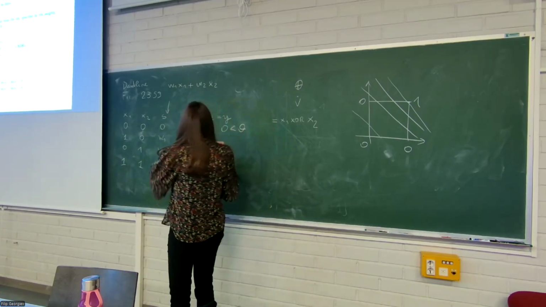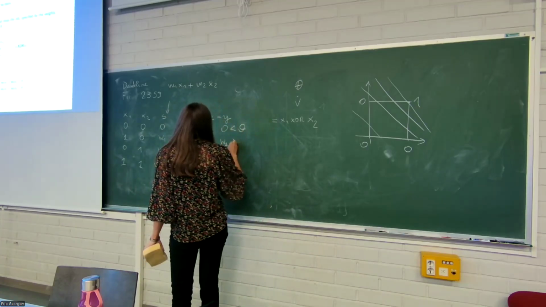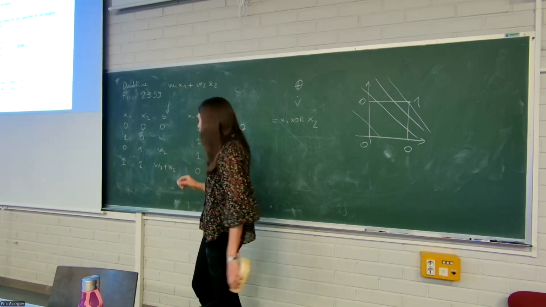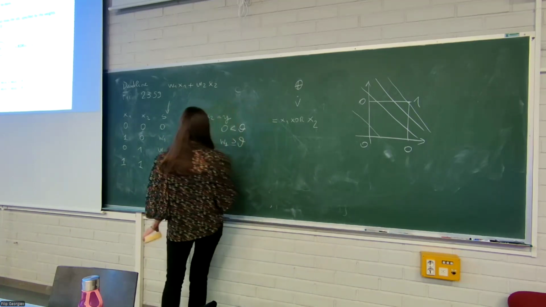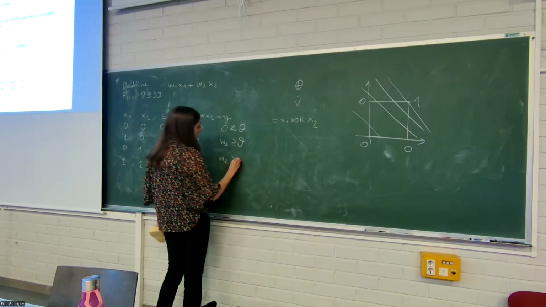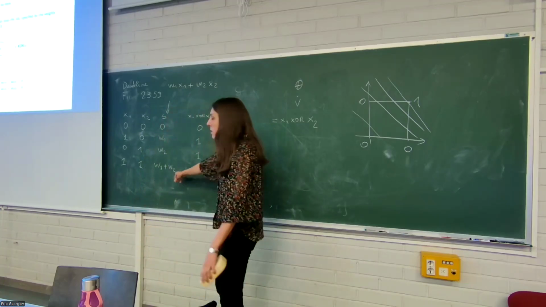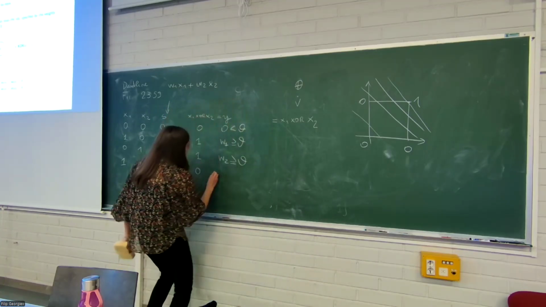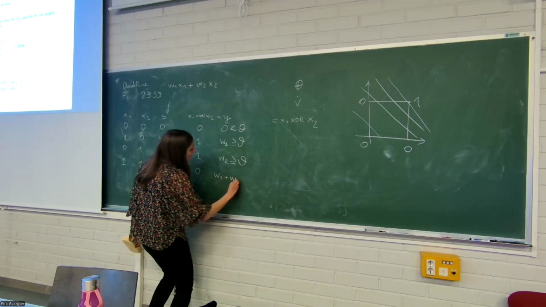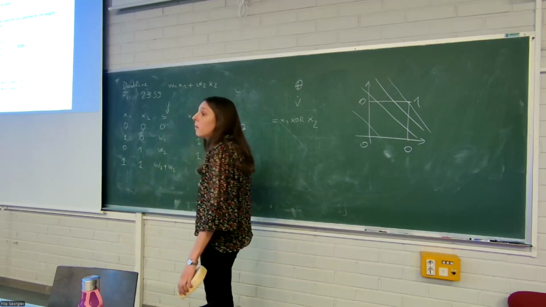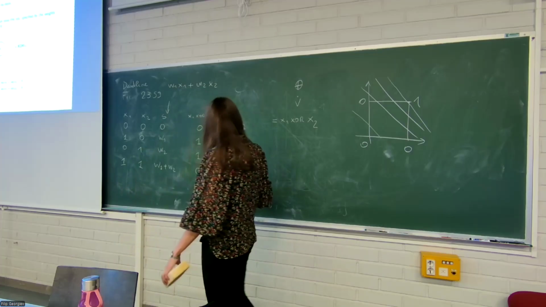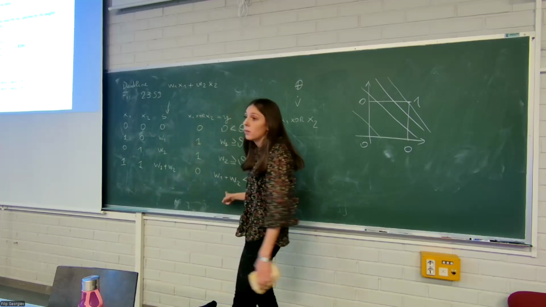If the output was 1, it means W1 was greater or equal than theta. Same for this one. The output was 1, so W2 was greater or equal than theta. And this is W1 plus W2. If the output was 0, it means that this was smaller than the threshold, didn't pass.